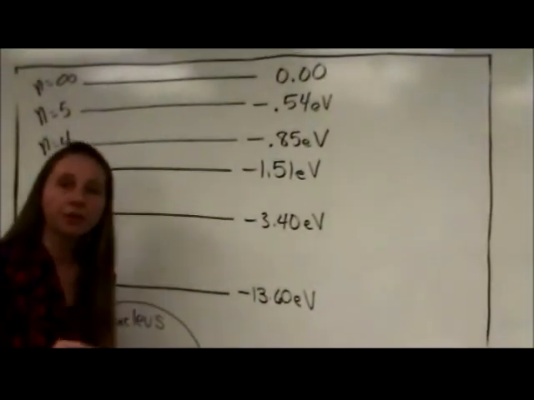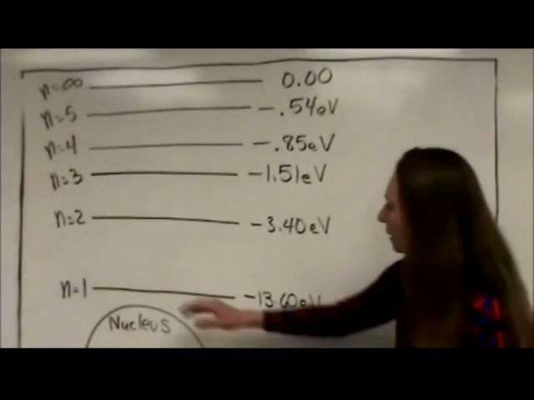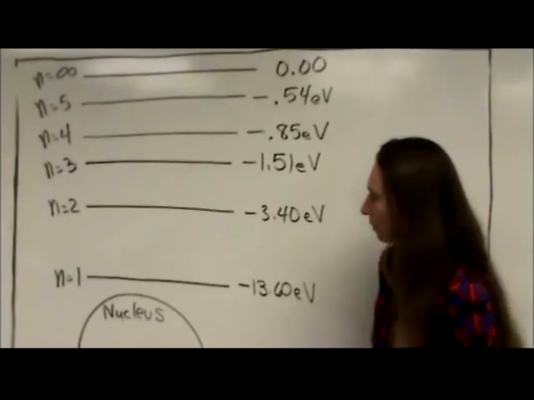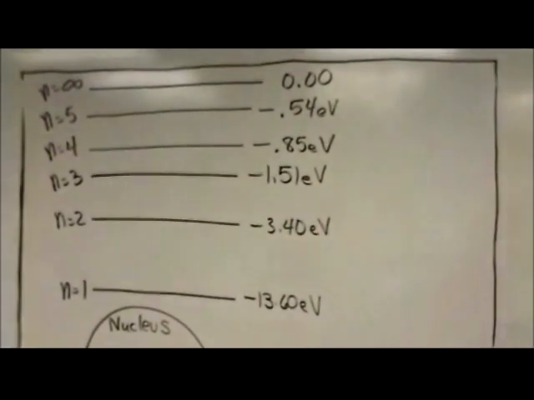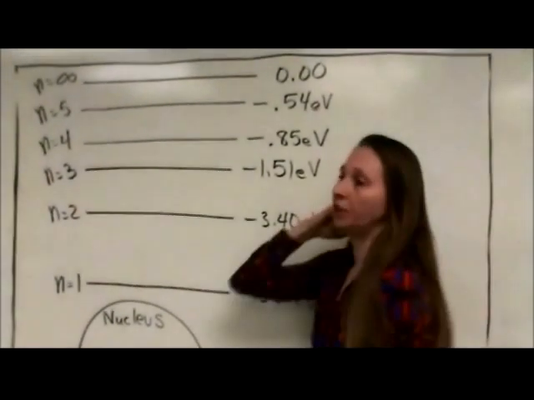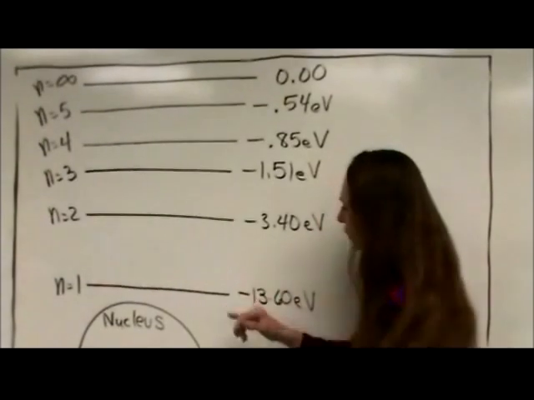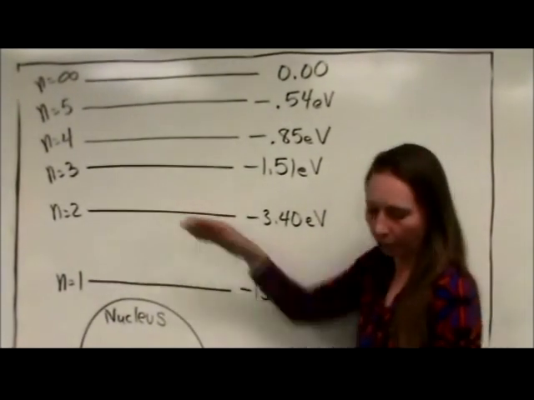Now, one of the things that I'd like to do at this point is show exactly what the difference is between the various energy levels. So, for example, if I were to take 13.6, now I'm not going to worry about any of these negatives. I'm just going to simply take the difference between 13.6 and 3.4.